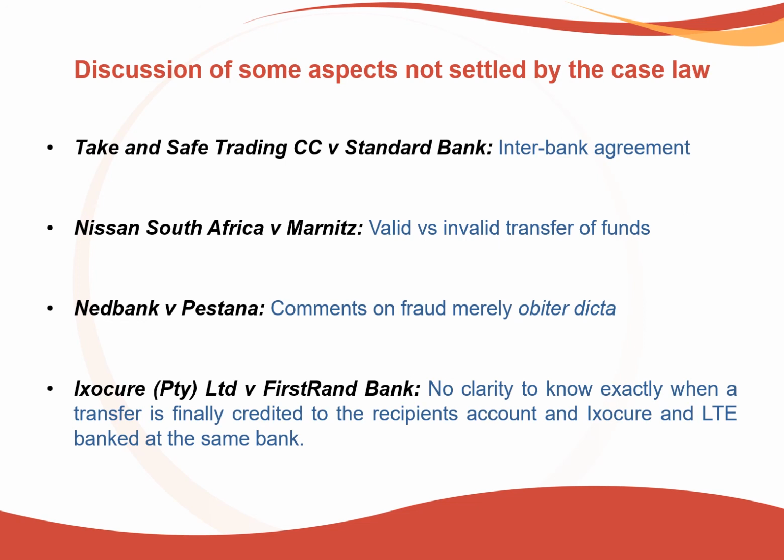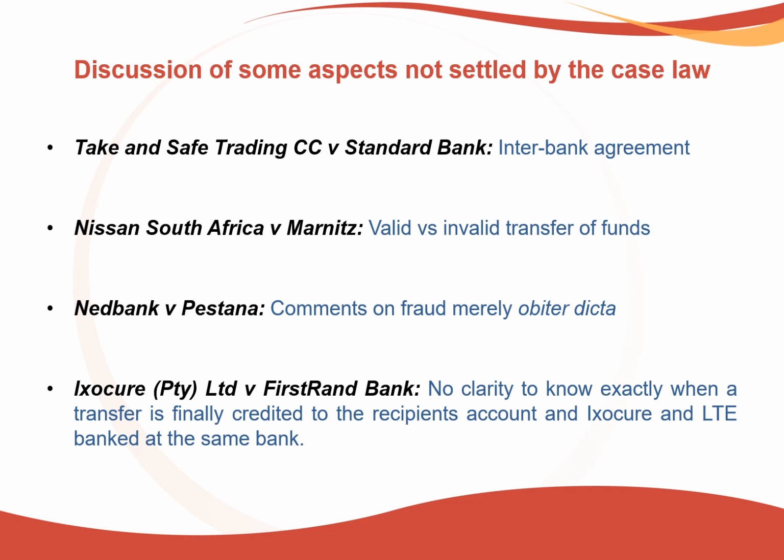In the case of Exsecure versus FirstRand Bank, the credit transfer was not finalized. There is no real clarity to know exactly when a transfer is finally credited to the recipient's account. Further, in Exsecure, both Exsecure and LTE banked at the same bank.